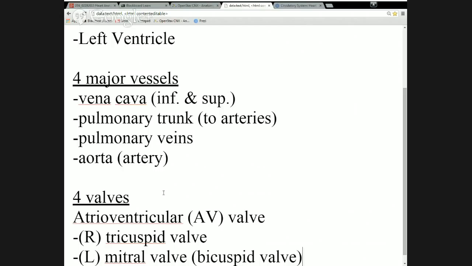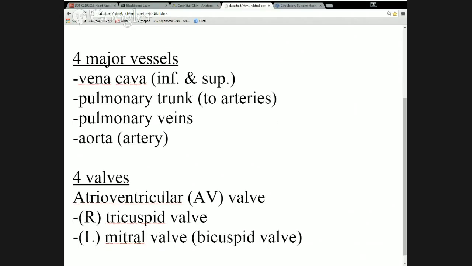Okay. The other type of valve is called a semilunar valve. It's not terribly common to actually abbreviate this, but in keeping with what we just saw for AV valves, if you see an abbreviation, it's going to be SL for semilunar. But I never actually refer to them by that abbreviation.